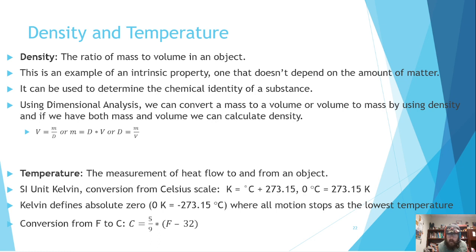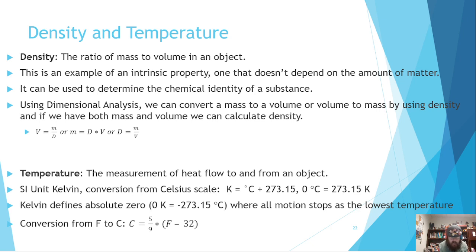Kelvin was discovered after the Celsius and Fahrenheit scale. But now, if we were to convert between Fahrenheit and Celsius, there is an equation you can learn. I will often give you at least one version of this equation on a test.